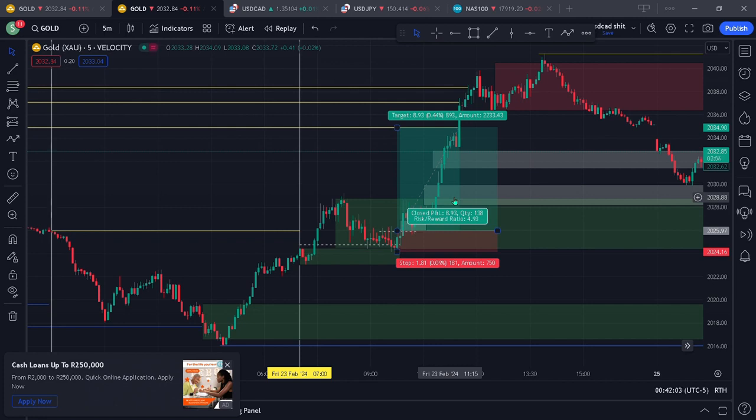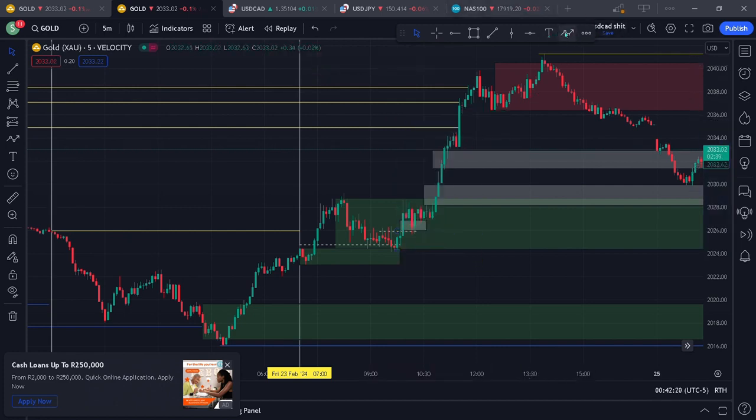Because why? We make a high, retrace, creating a low, and then we expand more, creating a higher high, and then when you're retracing back in, we're going to take out that low, creating a breaker. Case in point, right here. That's what we have right there.